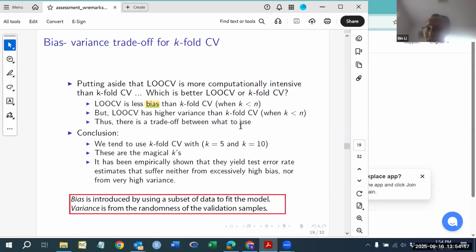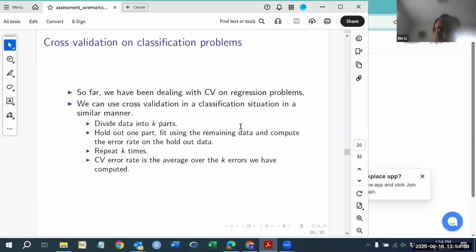So when you do the k-fold cross-validation, use these numbers, and they usually work very well. These are based on empirical results. And you may ask, is there any proof? No, but empirically, this works the best. Okay, so that's the bias-variance trade-off.